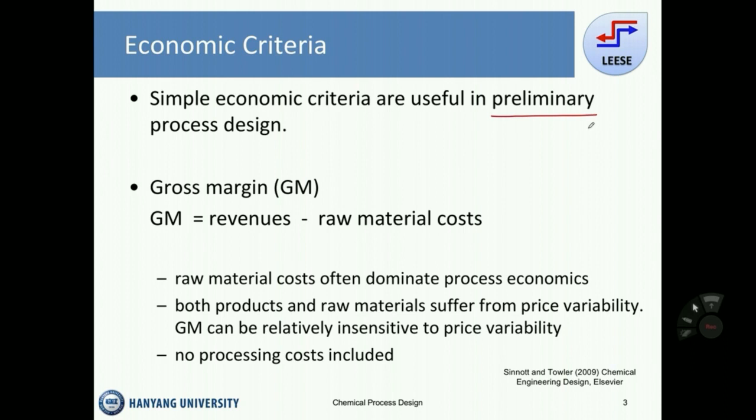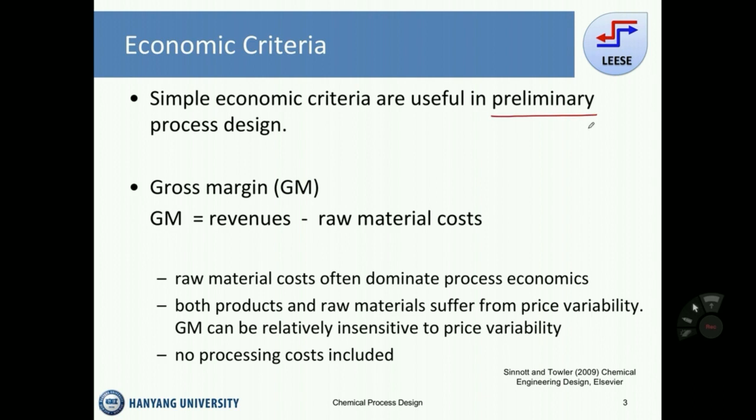In the beginning, we may have a rough idea of how much feed should be supplied and how much product can be produced from the site. Then with this limited information, probably the profits through the revenue and the expense through the purchasing of raw material or feed cost will be the only costing items we can look at.